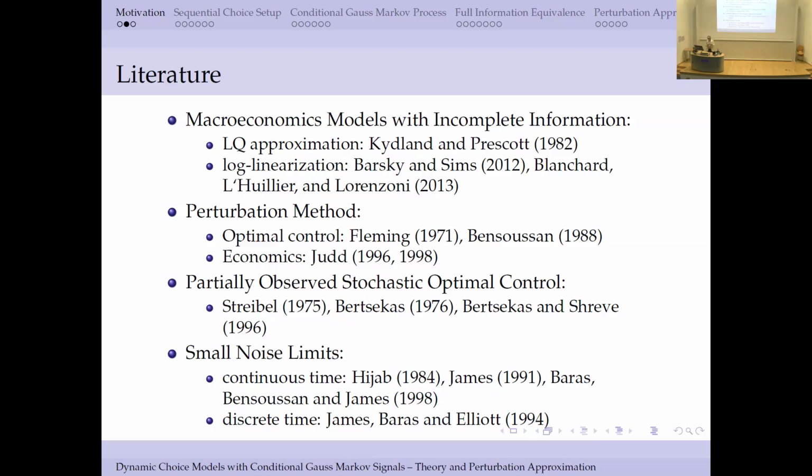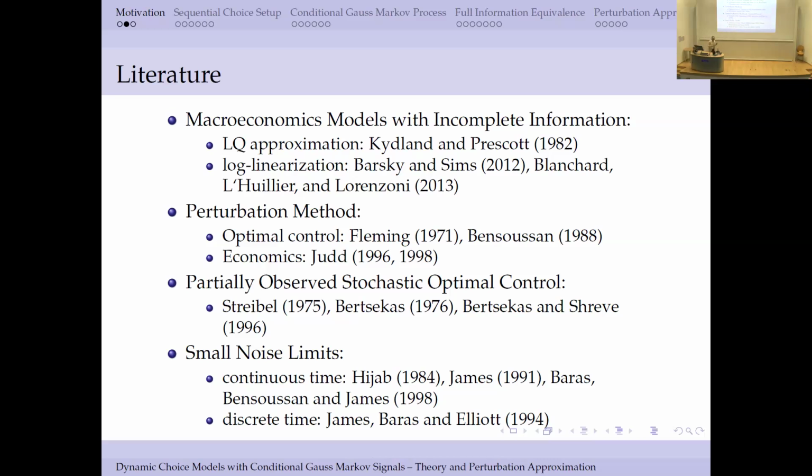But there has been a renewal of interest in these types of models which feature various kinds of news and noise shocks in a series of papers in the years 2000. And I'm just highlighting some of them here. I will have some more as we go through the talk. So this is where the original motivation comes from.